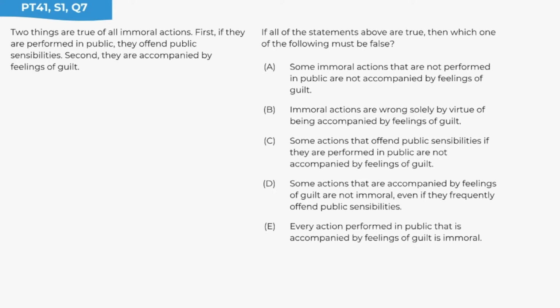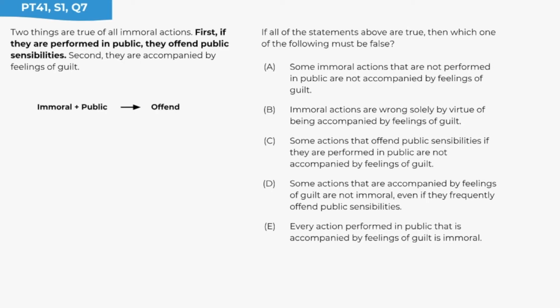The first and second statements are about immoral actions, and they're true about all immoral actions. So when we put that first claim into notation, we're not only talking about those performed in public, but about immoral actions, and we want to put that into the notation. If an action is immoral and it's performed in public, then it offends public sensibilities. Putting that immoral piece into the first relationship is critical.